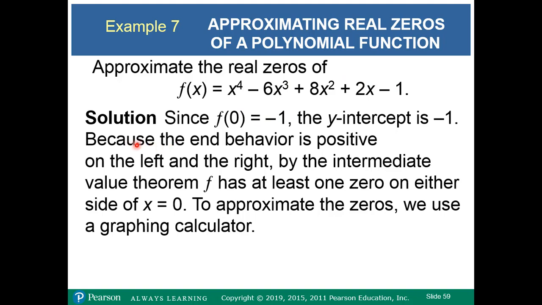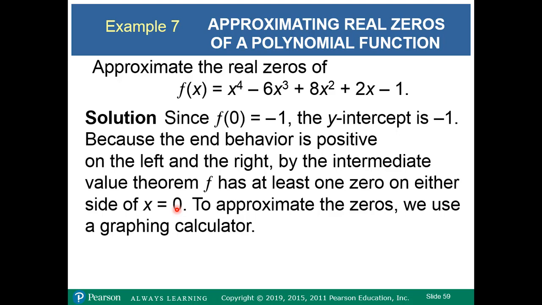Because the end behavior is positive on the left and the right, by the intermediate value theorem f has to have at least 1 zero on either side of x equals 0.